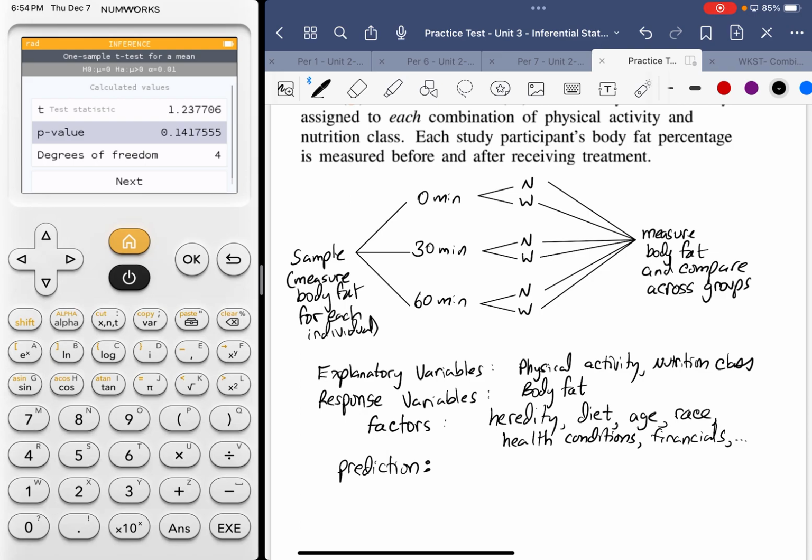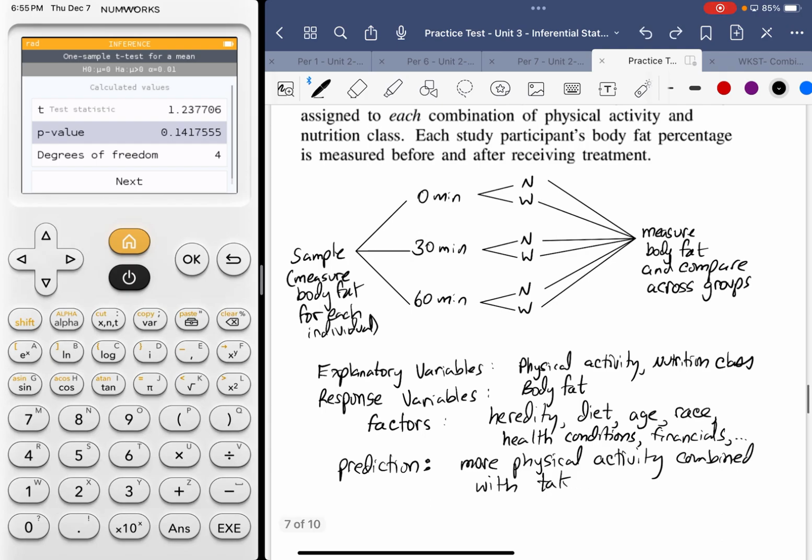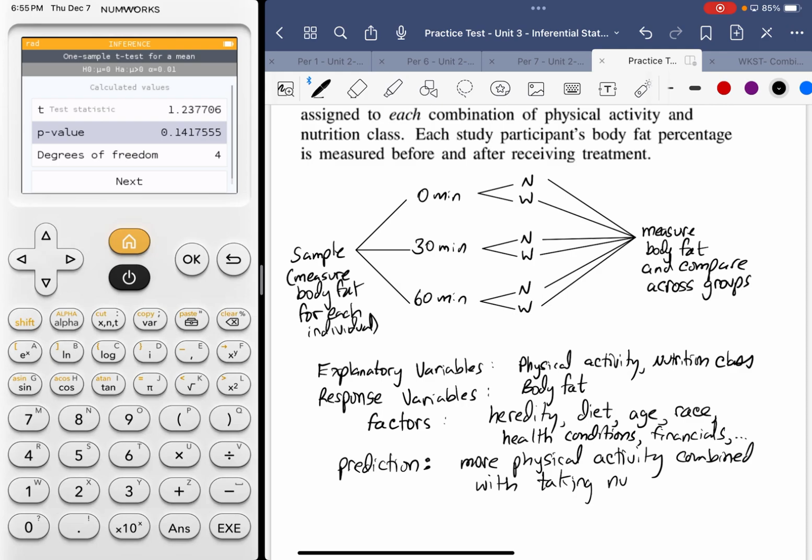So I would say the more physical activity, combined with taking a nutrition class, will have the most positive impact.